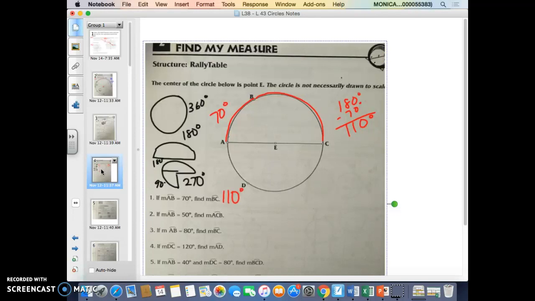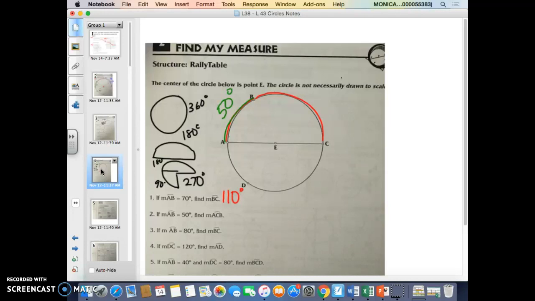All right, down at the bottom it says, let's go with the measure of AB is now 50. So I'm going to erase. All right, and we want to find ACB. So remember, this is what I was talking about.